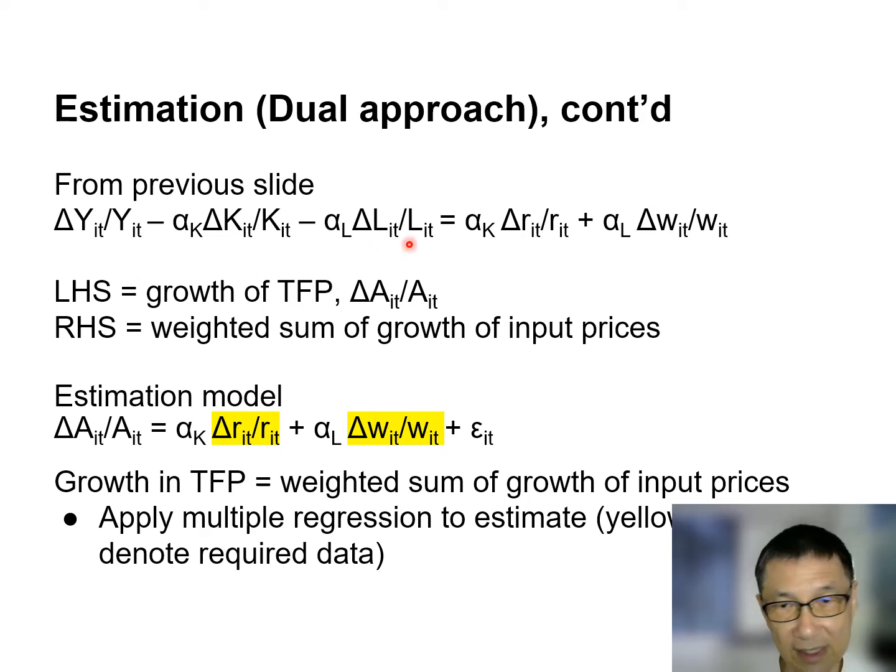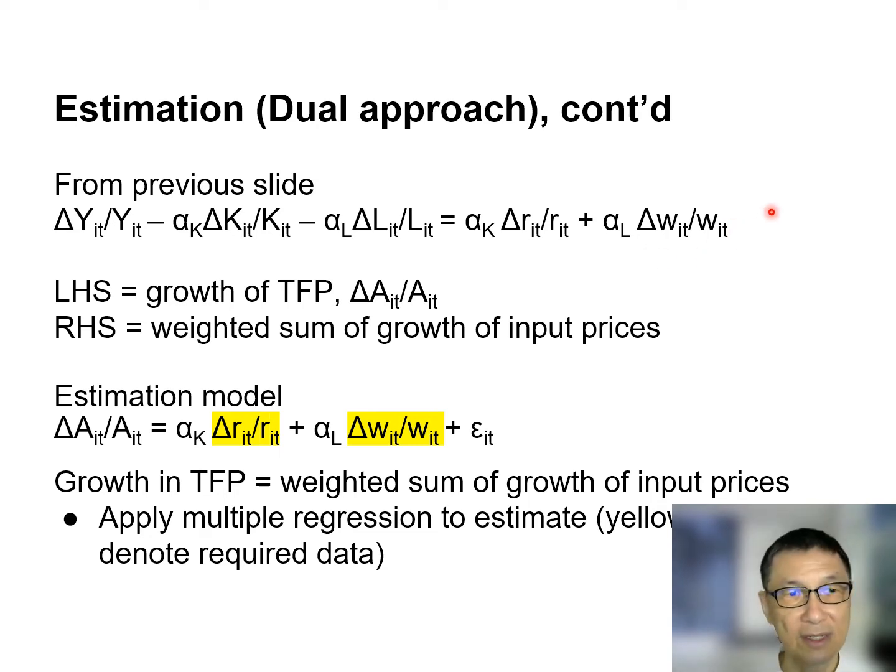Focusing on the left-hand side, you recognize this as the growth of TFP. It's the increase in the output above and beyond the increases in the inputs. That's just TFP. And the right-hand side of this equation is the weighted sum of the changes in input prices, the inputs of capital, inputs of labor, weighted by the respective input shares.